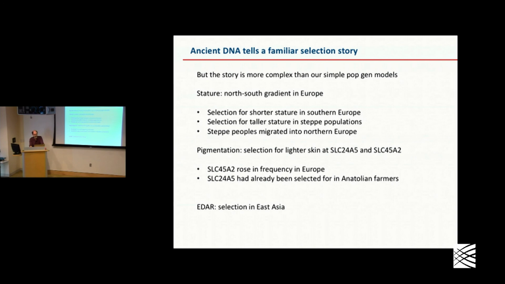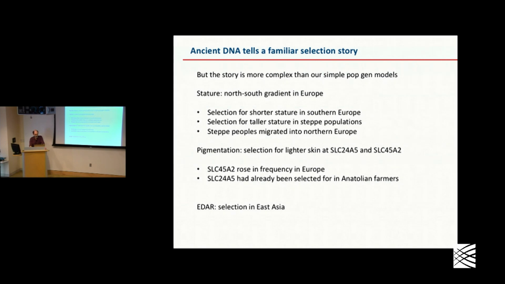And a somewhat similar story for pigmentation. One of the classic cases of selection of a pigmentation gene that confers a lighter pigmentation allele, SLC45A2, has this sort of standard story. It was beneficial in Europe to be lighter. This allele rose in frequency in Europe.